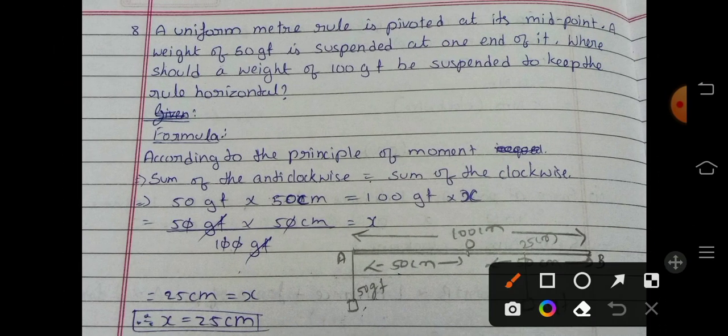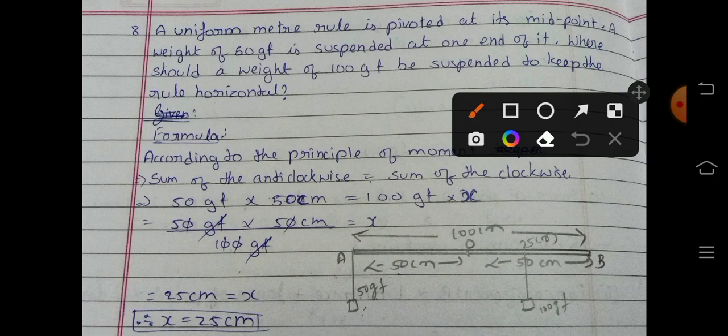First of all, a uniform meter rule means this is a 100 centimeter ruler. It is pivoted at its midpoint, and midpoint means here it comes to 50 centimeter.